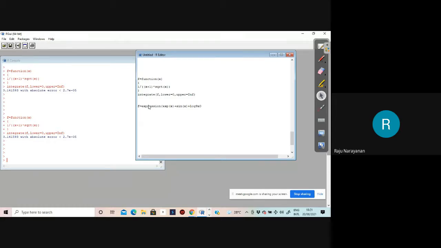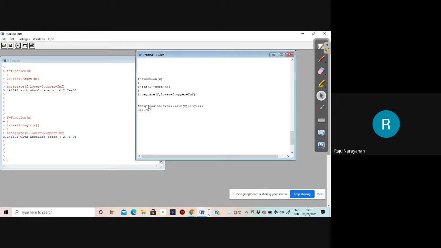What is the derivative you are going to get? The derivative of e raised to x is e raised to x, of sin x is cos x, and of log x is 1 by x. Capital D, bracket, f, within single inverted commas, x. That's all.